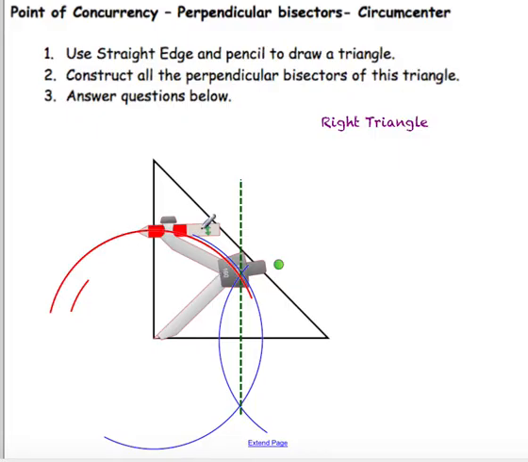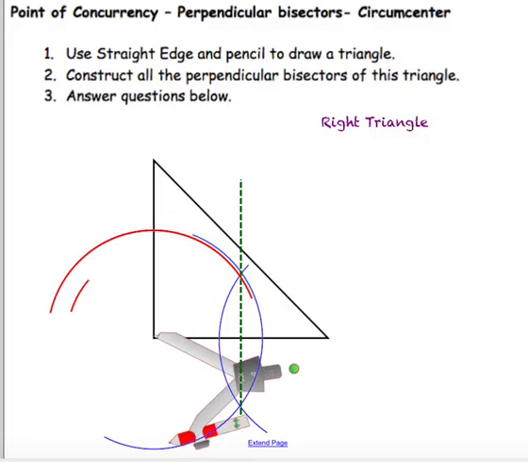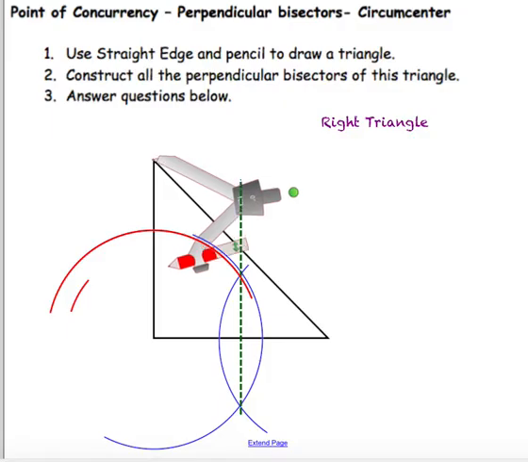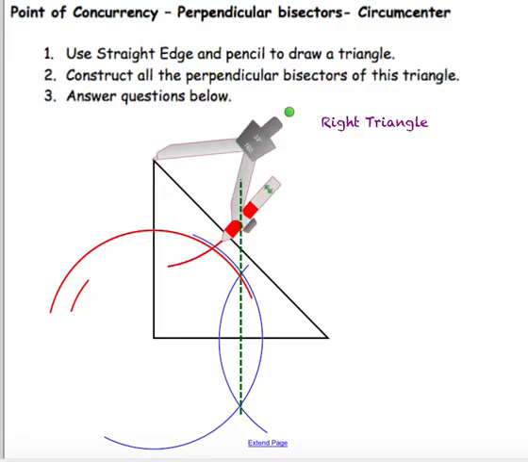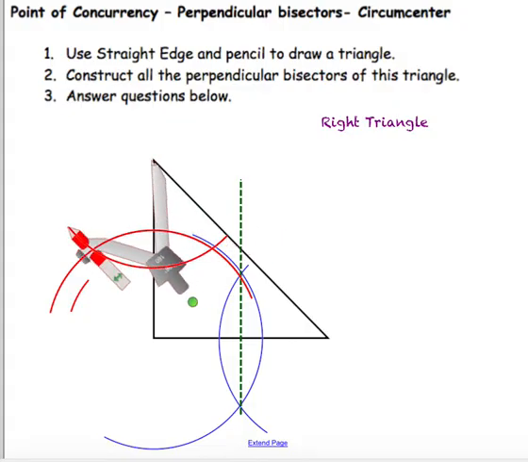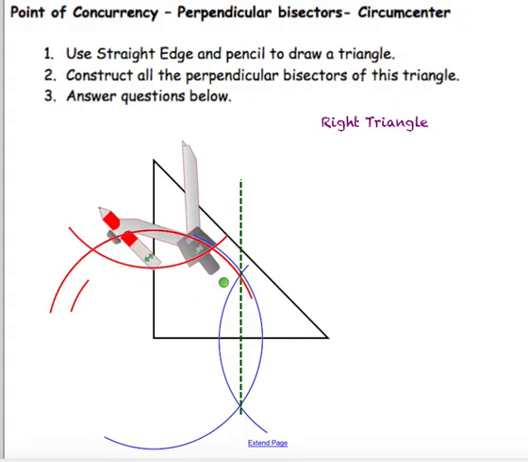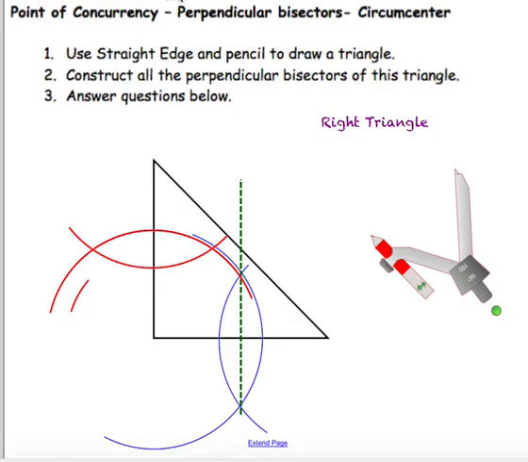And then flip that to the other side. Bring it to the other end of that segment. Do another arc around there, and then where they cross, connect that with a straight edge.